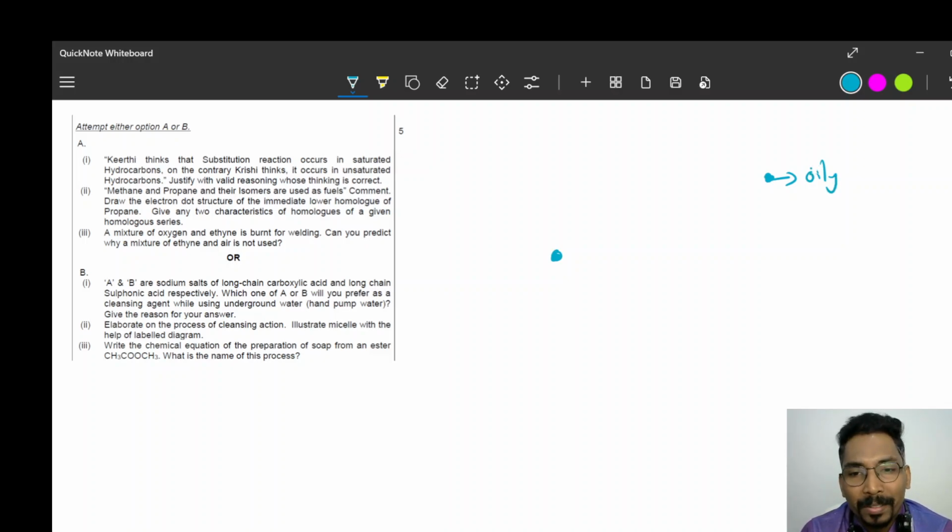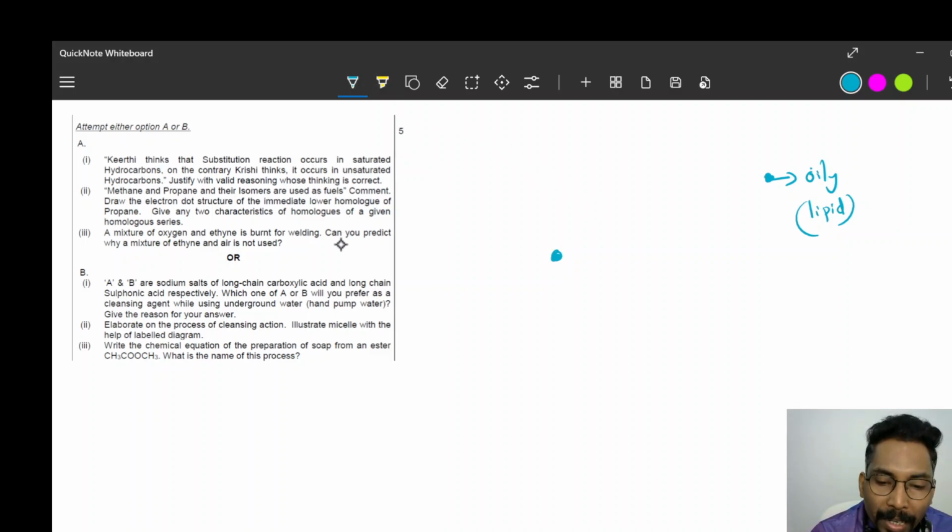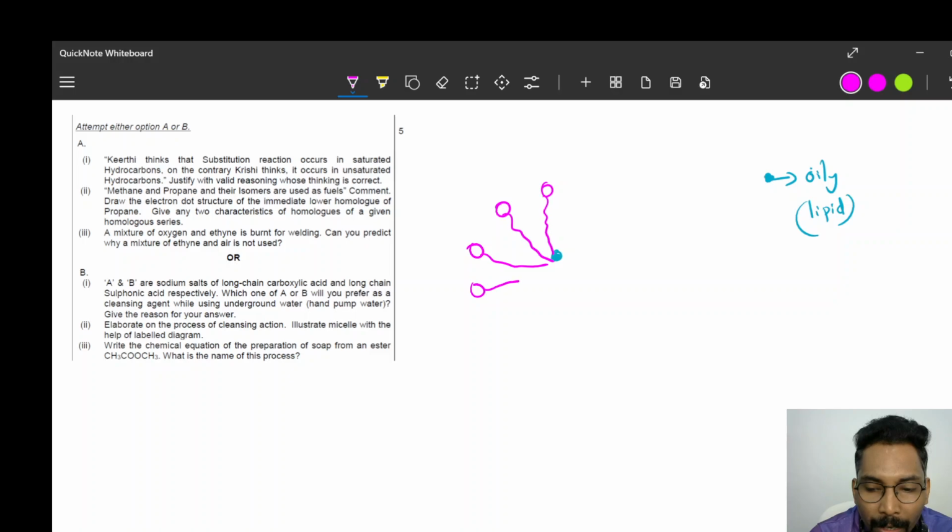Oily means lipid. Our soap molecules, as I told you, have two parts: one is hydrophilic and the other is hydrophobic. Hydrophobic means lipophilic. So all the lipophilic ends of soap molecules will be directed towards the dirt particle, because the dirt particle is lipid.